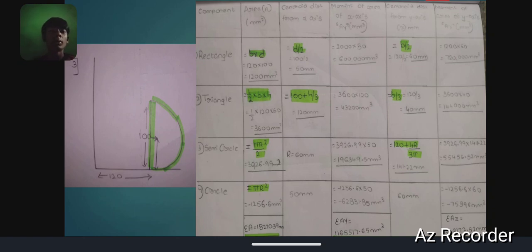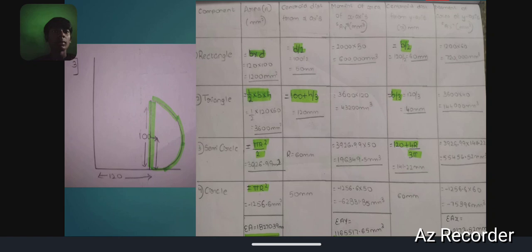The radius r is equal to d by 2, then the r value is 50 millimeter. Then pi r square by 2, we get 3926 point something.